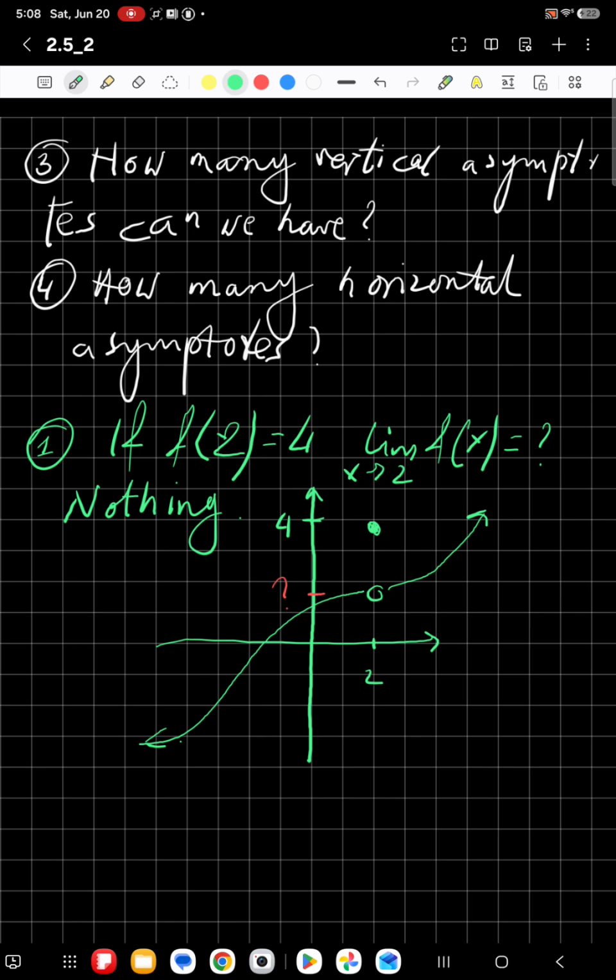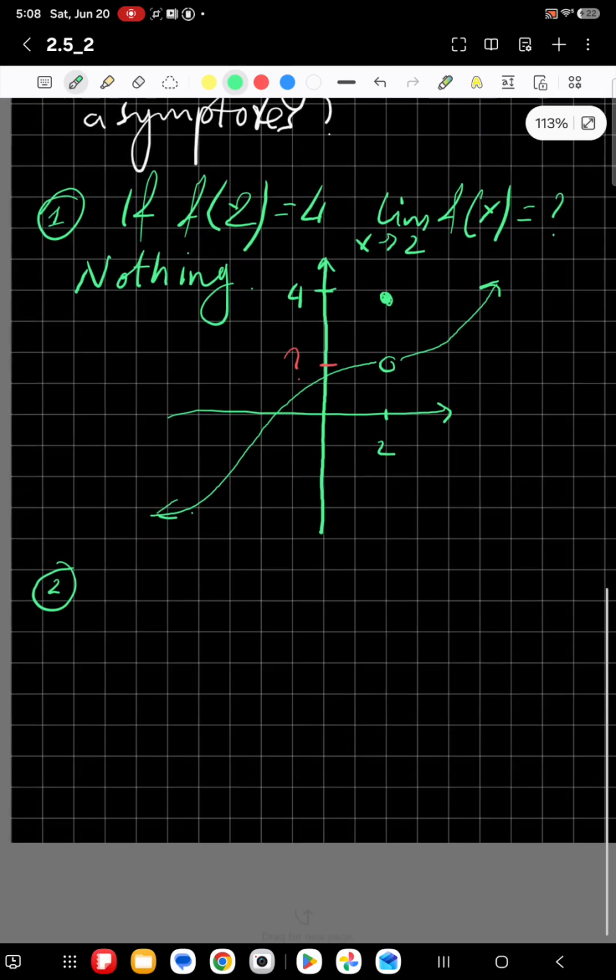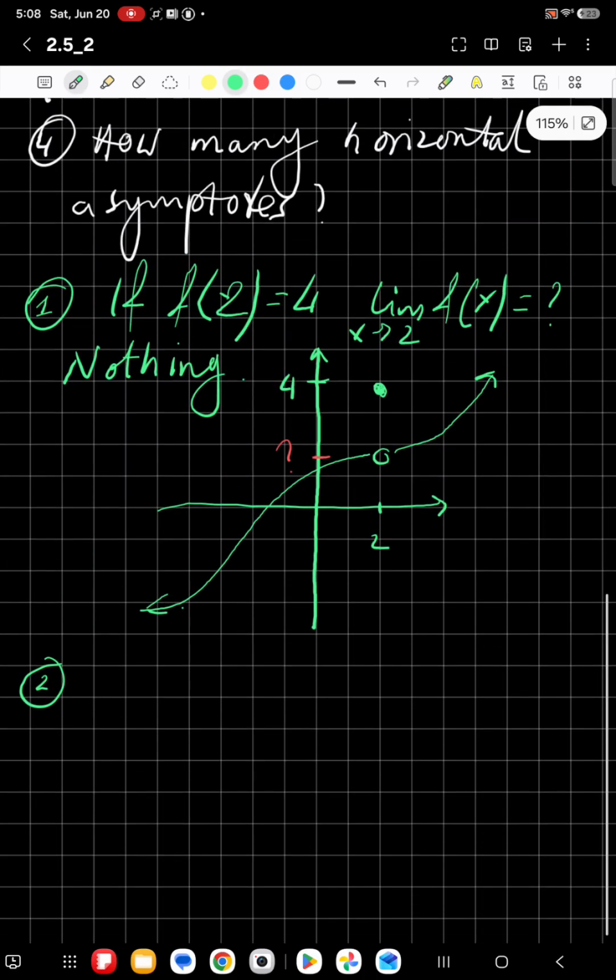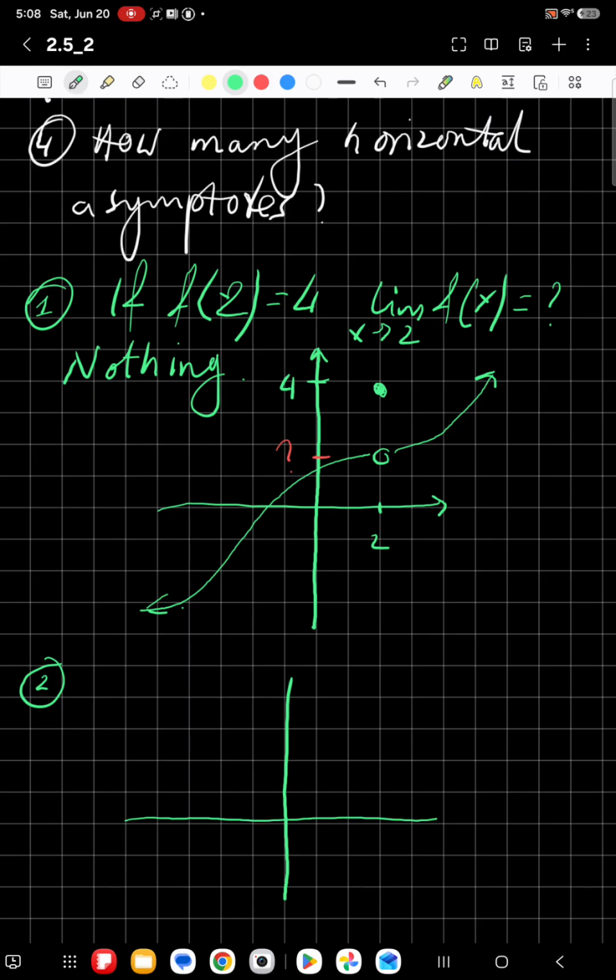So if we know what the limit is, right? Actually, let me make a different drawing. So now we know the limit.